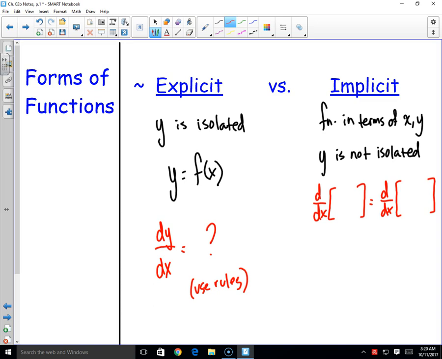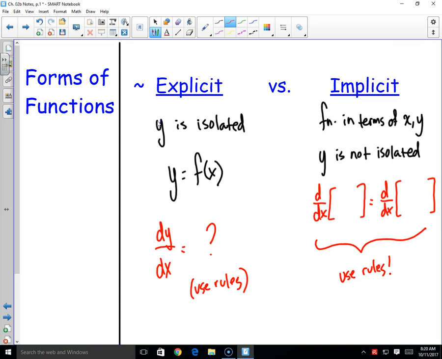We just need to take the derivative of both sides, and definitely think about using our rules on both sides.